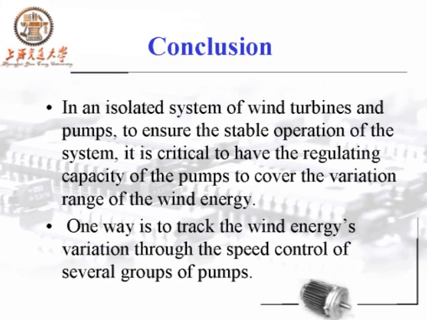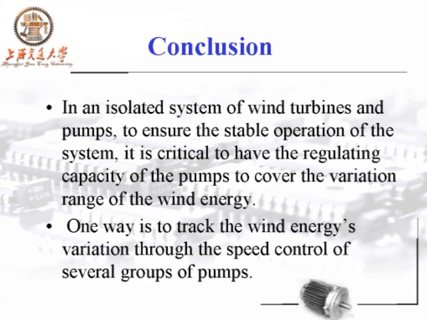Conclusion. In an isolated system of wind turbines and pumps, to ensure the stable operation of the system, it's crucial that the regulating capacity of the pump covers the variation range of the wind energy.